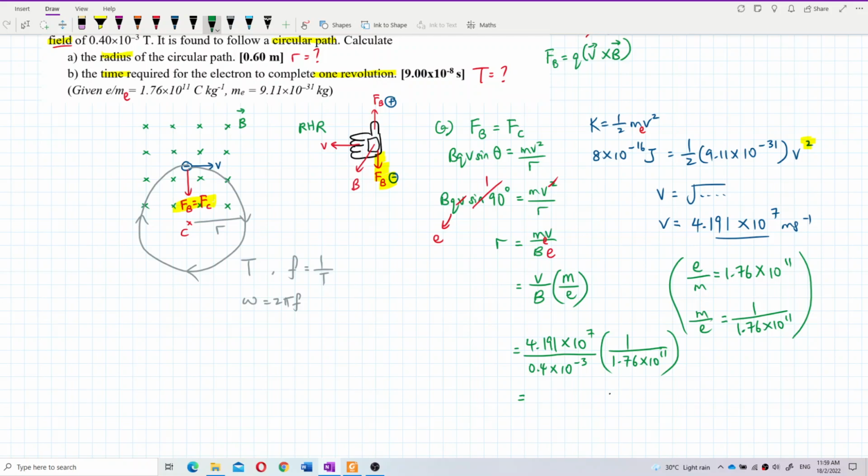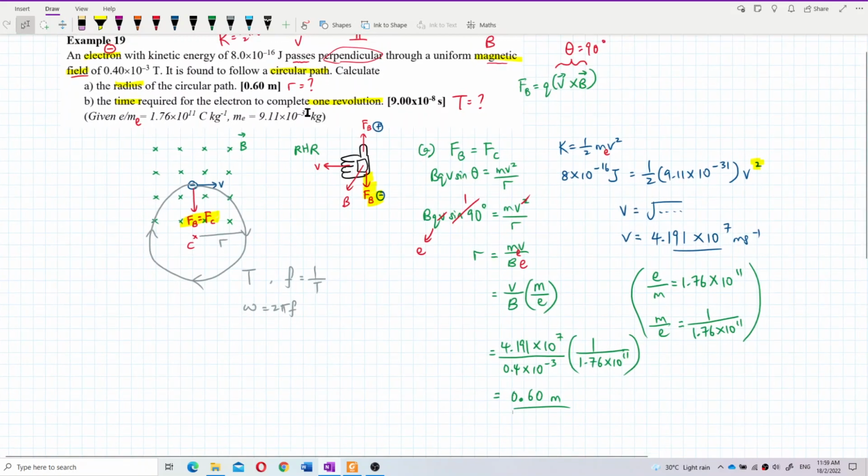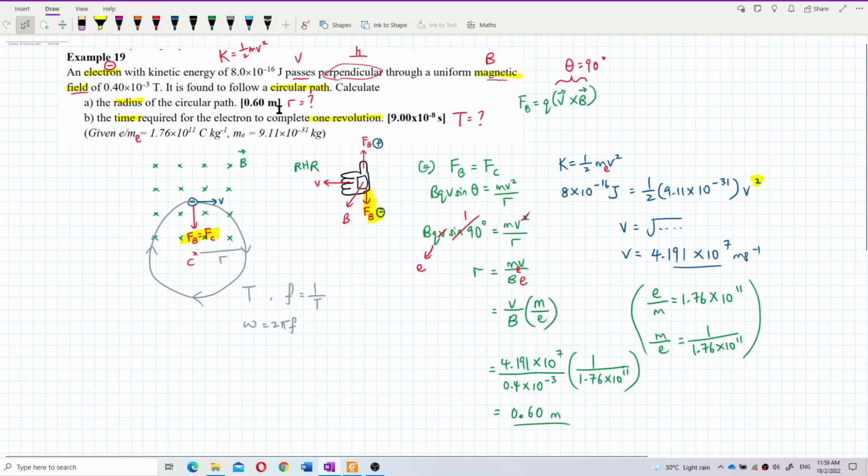The answer is 0.595, which if you round it up becomes 0.60 meter. Am I right? Yes, that's correct. That's my answer, 0.6 meter. That's my radius.